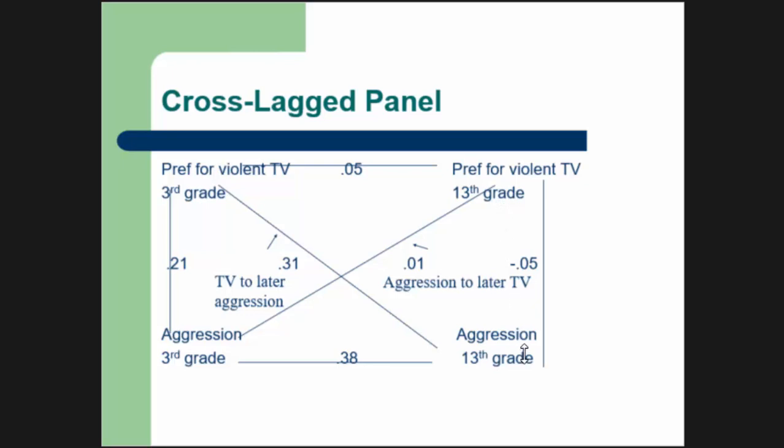So that's why you notice that the R is different. Those who were violent when they were young are still violent when they are getting bigger. The R is quite big, 0.38. But those who are violent in the 13th grade can't be bothered to watch violent TV, so see here, minus. Those who are aggressive in the 3rd grade prefer violent TV.